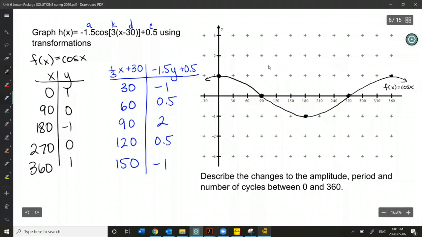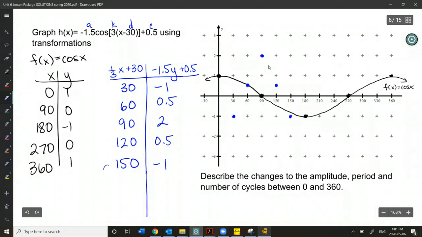And we're going to start by just graphing what we can see in our table of values, and then I'm going to show you guys how we can extend this further. So 30, negative 1; 60, 0.5; 90, 2; 120, 0.5; and 150, negative 1.